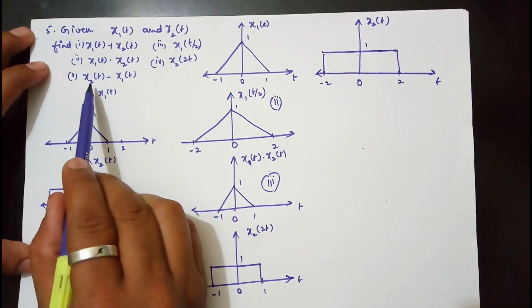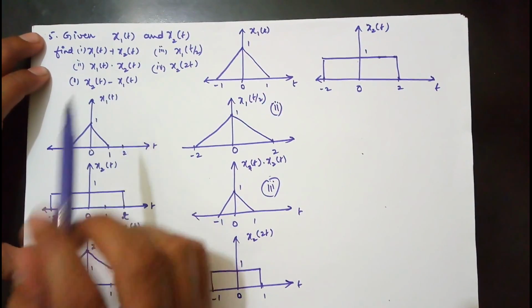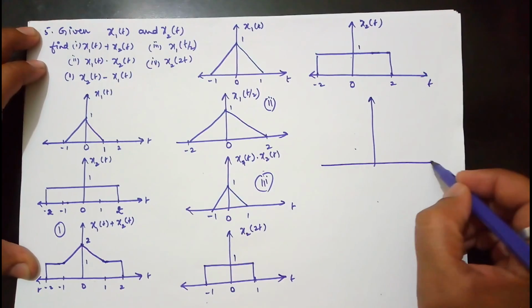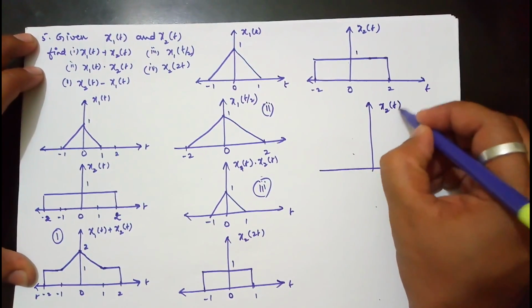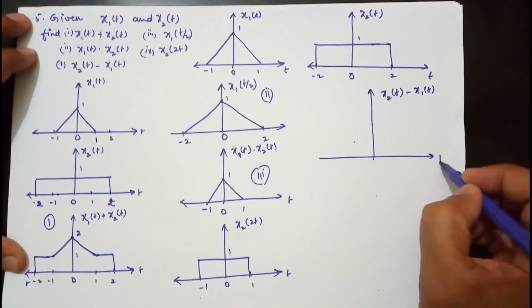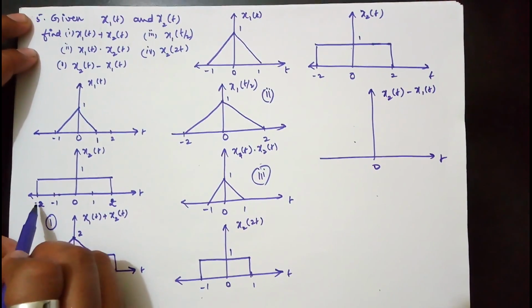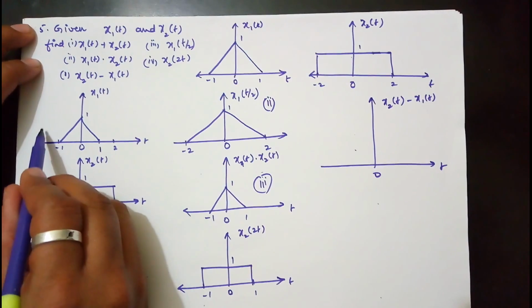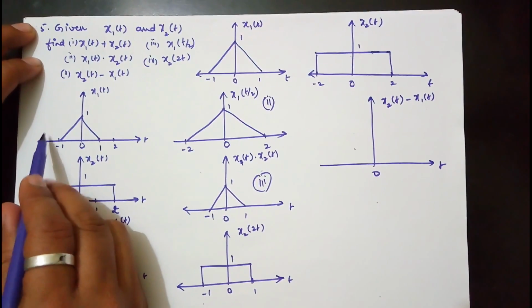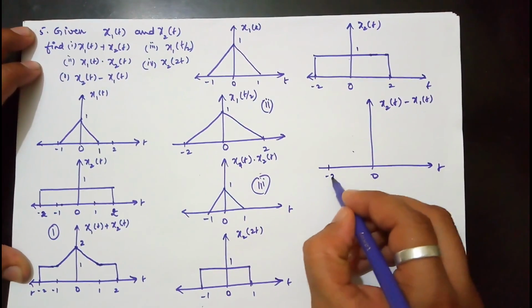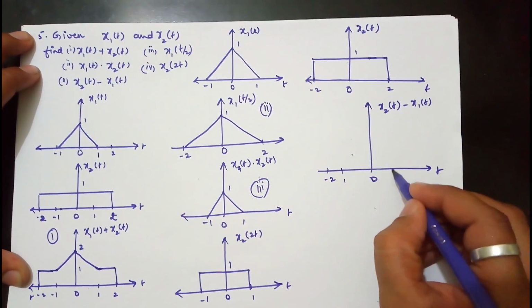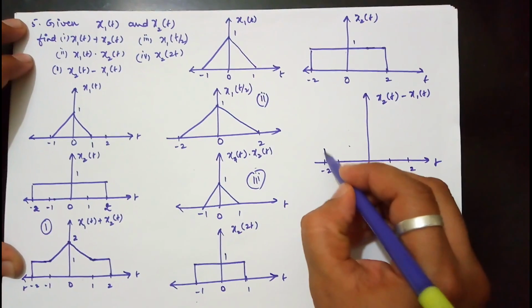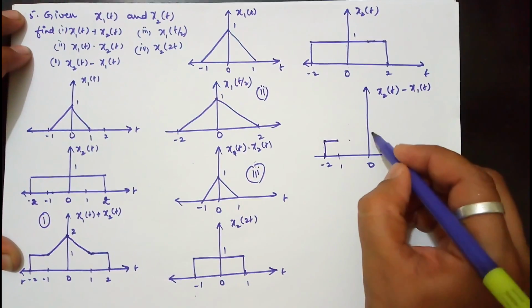Now next one is x2 of t minus x1 of t. If you subtract x1 of t from x2 of t, see from -2 to 1 you have the amplitude of 1, whereas here you have 0. So 1 minus 0 is 1. So between -2 to 1 the amplitude is 1.